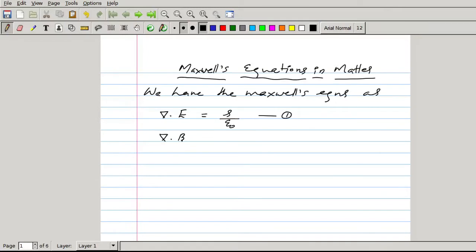Del dot B is equal to 0, equation 2. The third equation is del cross E equal to minus dou B by dou t, equation 3.